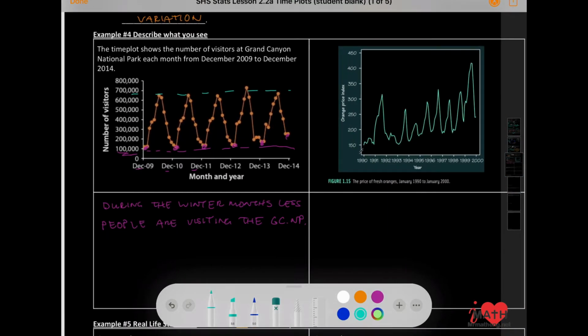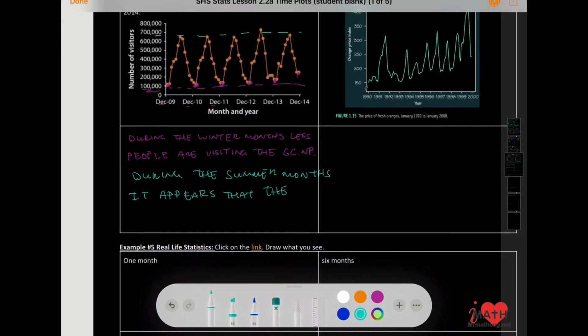And then what can we say during those high months? Here's another way of saying it, during the summer months, it appears, so not saying definitively, but approximately, it appears that, make sure you guys are not abbreviating.